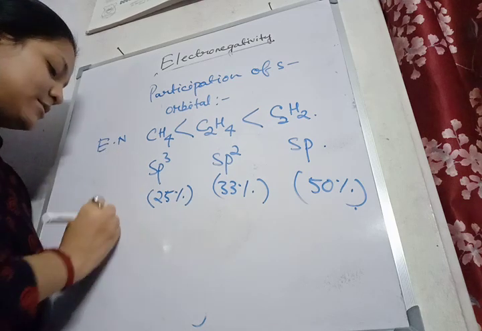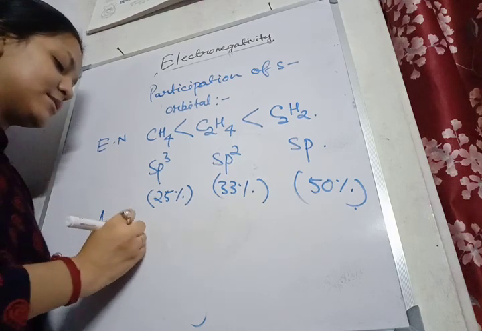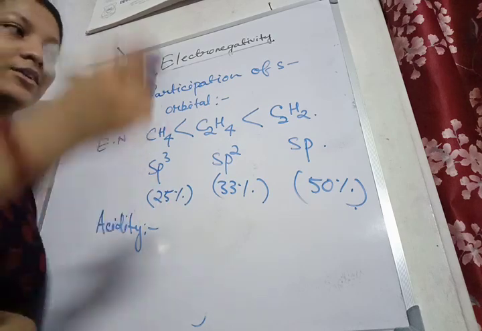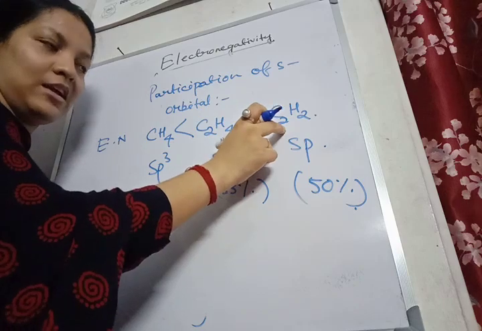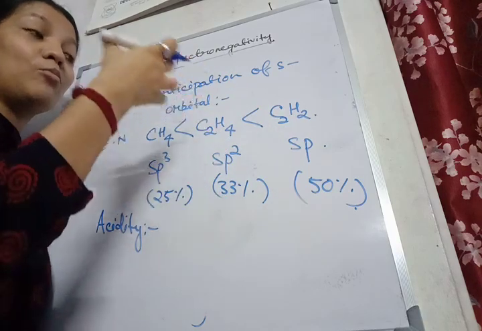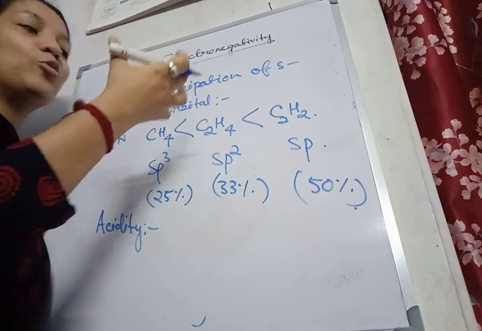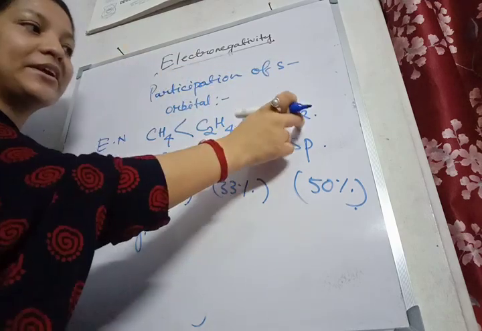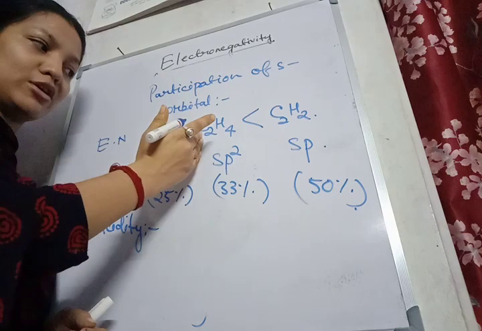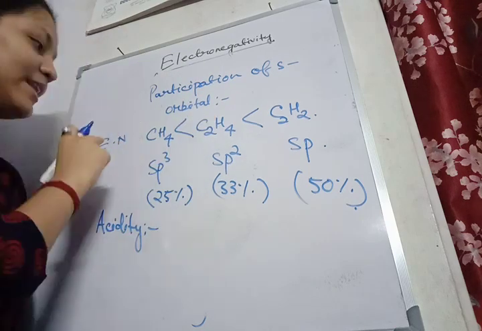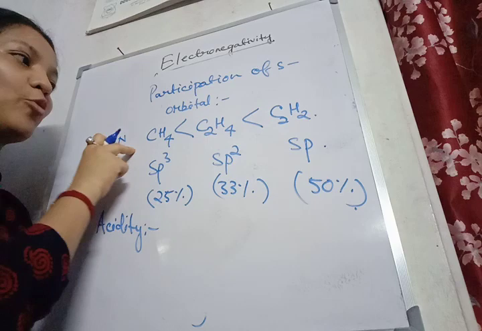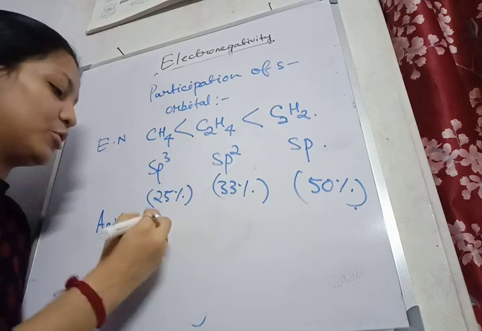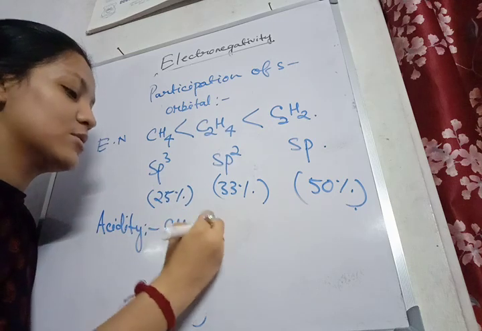What is acidity? Acidity is the tendency of a compound or molecule to liberate H+ ion. Since the s character is more, electronegativity is more, so the pulling effect will be more. As a result, H+ will be easily liberated in the case of C2H2, then C2H4, then CH4, right? So electronegativity is directly proportional to the s character, which is directly proportional to the acidity of the molecule. So the acidity order will also be this one.